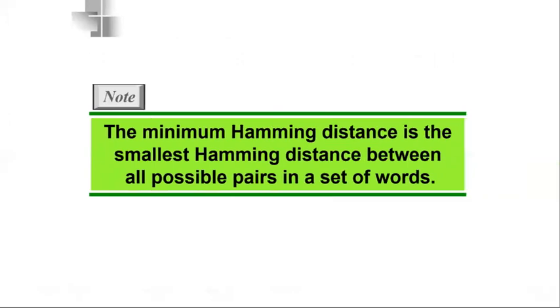Now the next case is the minimum Hamming distance. We use Hamming distance for error detection and error correction, and the measurement for that is the minimum Hamming distance. We use the concept of minimum Hamming distance for both things. So what is the minimum Hamming distance?